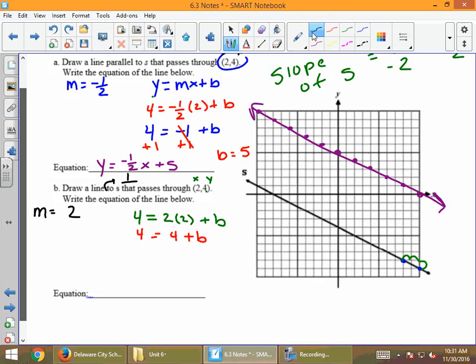B by itself, so b equals what? 0. Okay, now write your equation: y is equal to 2x plus 0. You can leave the 0. It's more proper to write it as y equals 2x. If you leave the 0, it's not the end of the world.